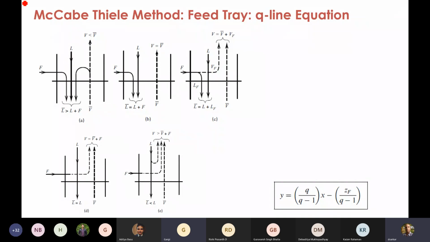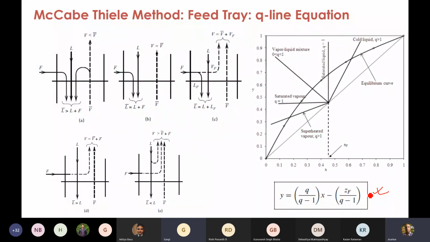Whatever it is, please recall that there is something called the q value, which characterizes the feed condition. Based on that, you will have a q-line equation, or the feed line equation. This feed line equation will have different slopes based on the value of q. q is the one which characterizes the feed condition.